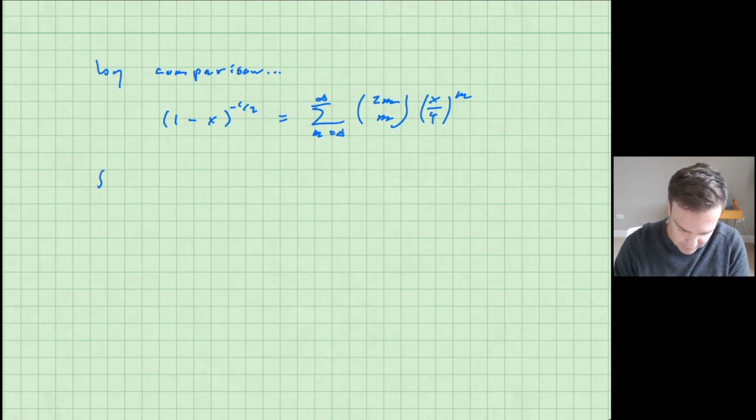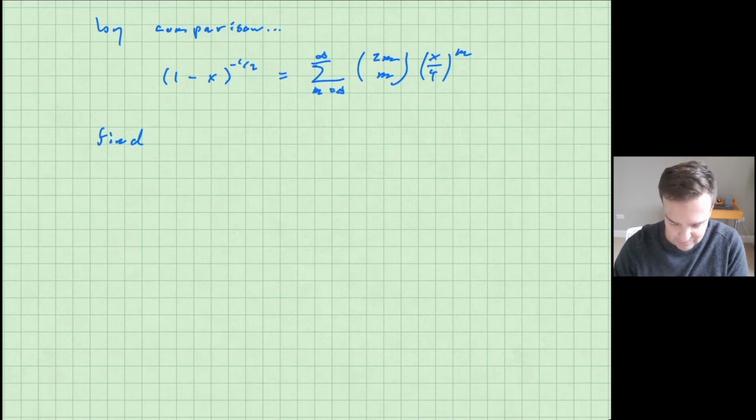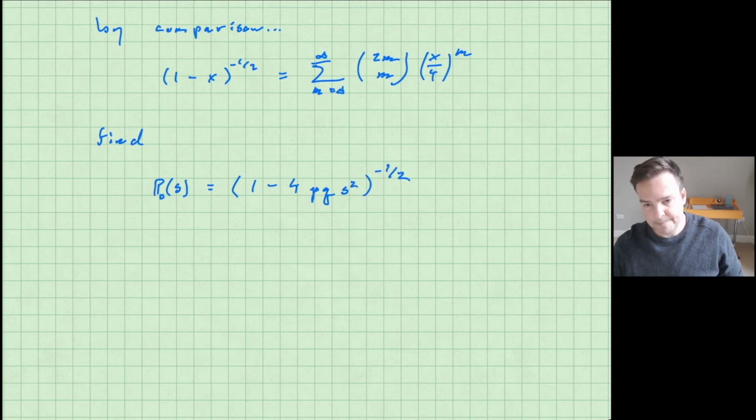You find the following thing that you were after. I'm kind of leaving out the key last step here, but it's a straightforward one, I think. Like that. And that's the proof.